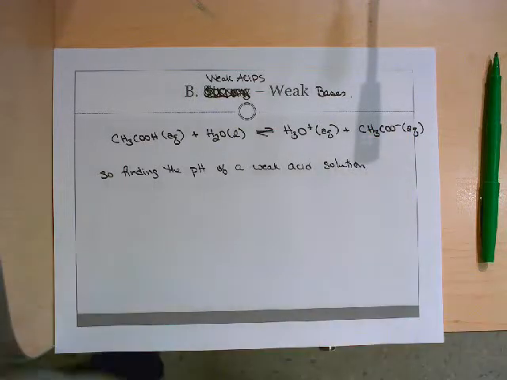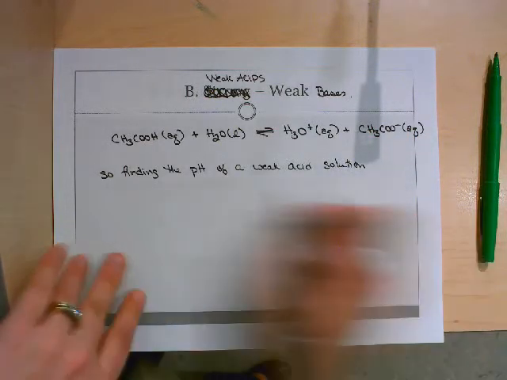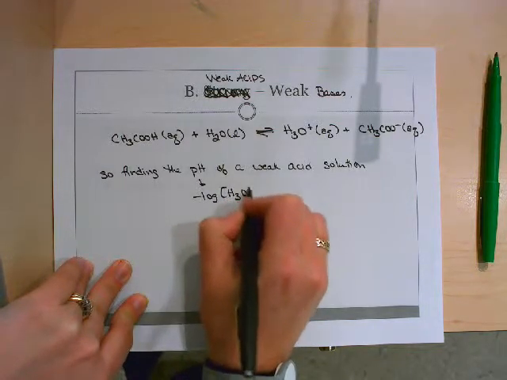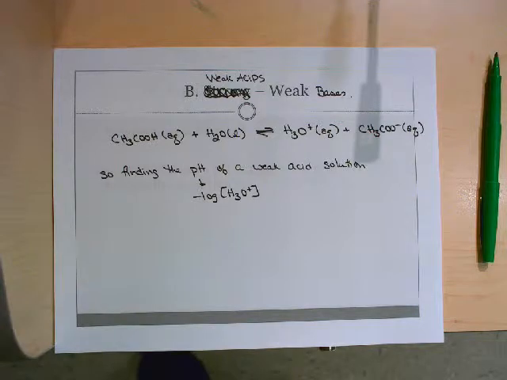So finding the pH of a weak acid solution is not going to be as straightforward as it was if it was just a strong acid.